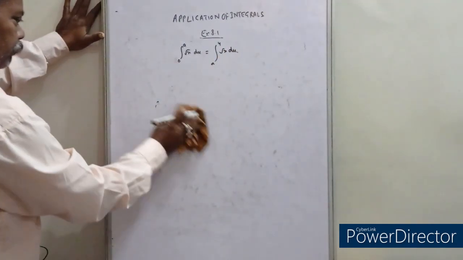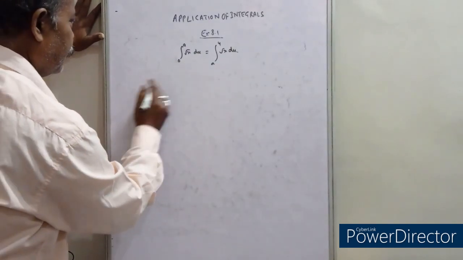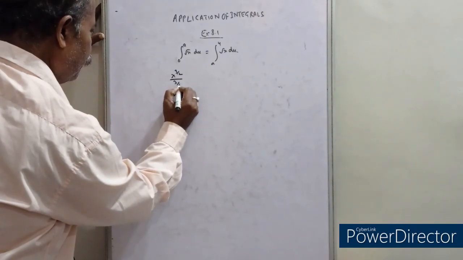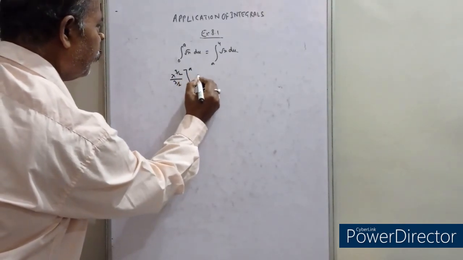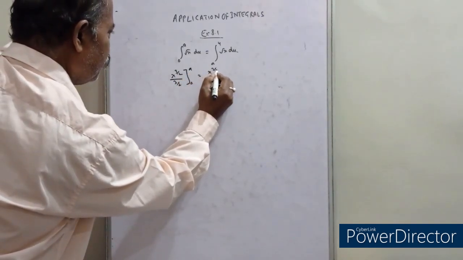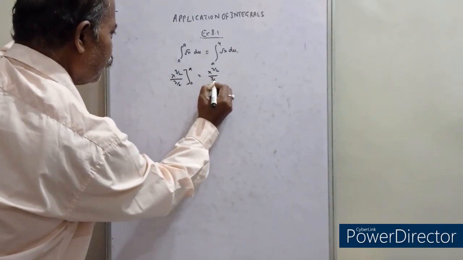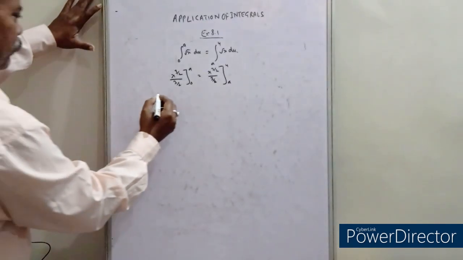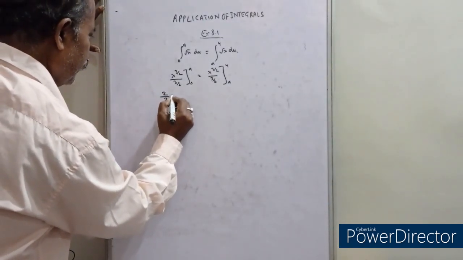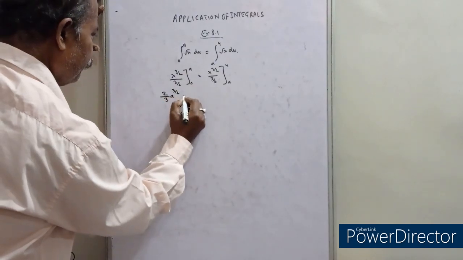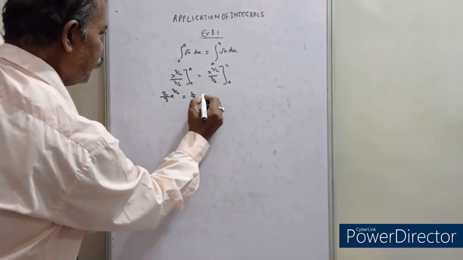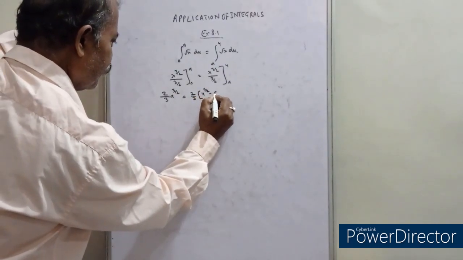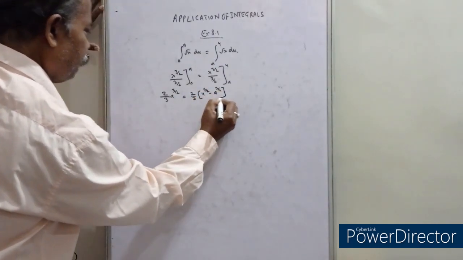So now this is x to the power of 3 by 2 divided by 3 by 2, from 0 to a, equals x to the power of 3 by 2 divided by 3 by 2, from a to 4. So this will be 2 by 3 a to the power of 3 by 2, equals 2 by 3 times 4 to the power of 3 by 2 minus a to the power of 3 by 2.